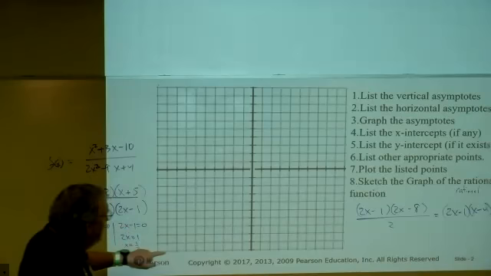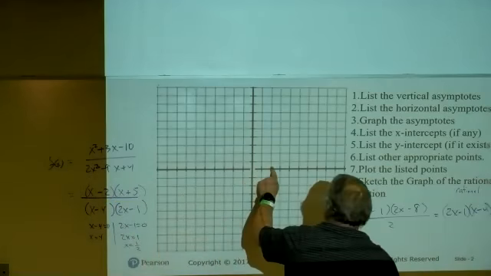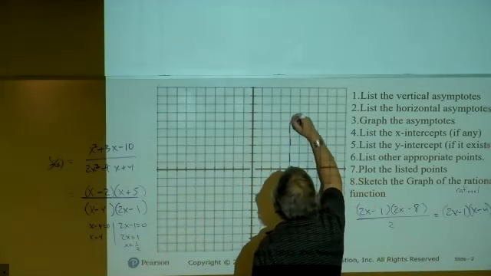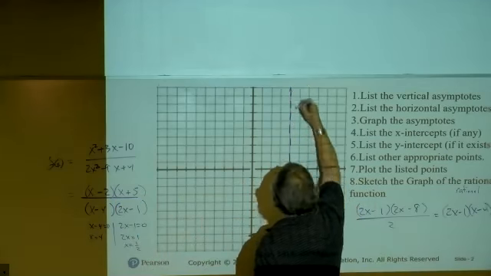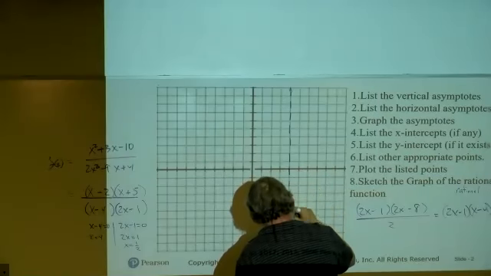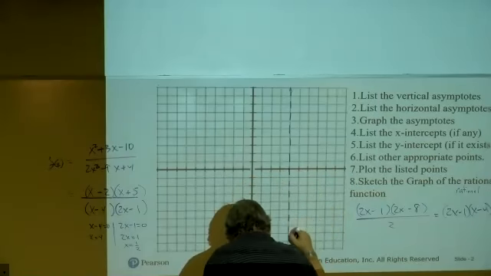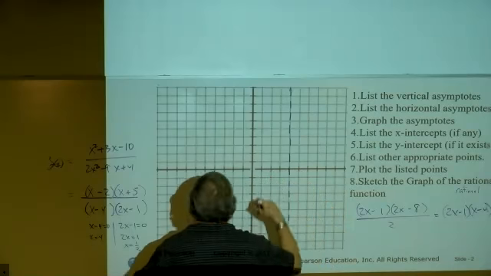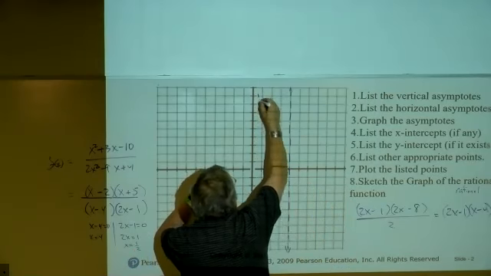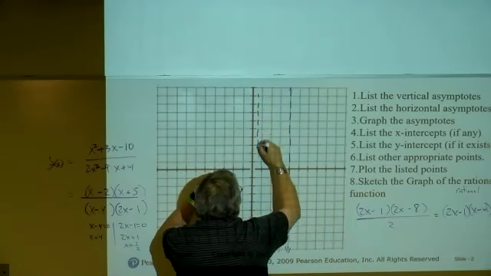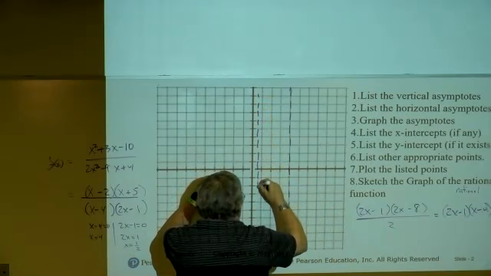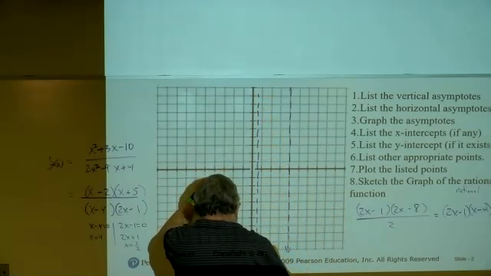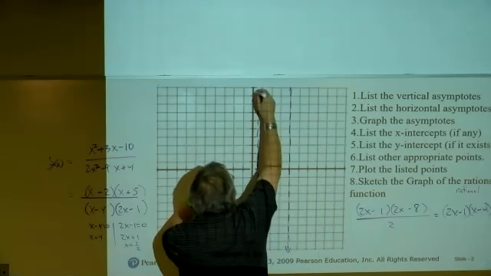So at 4, 1, 2, 3, 4, I have a vertical asymptote. And at 1/2, I have a vertical asymptote. That means as x approaches those values, the y value either goes to negative infinity or positive infinity.